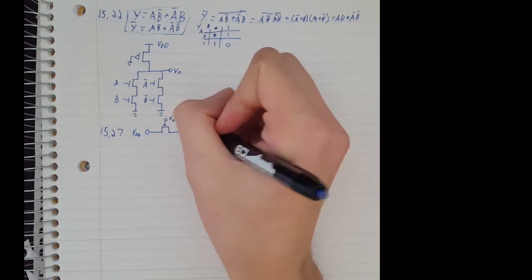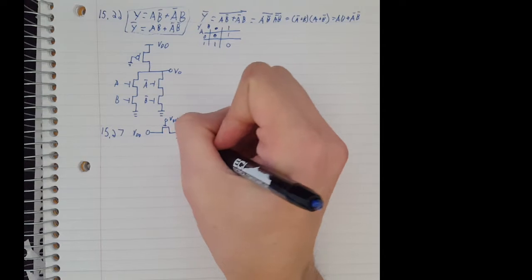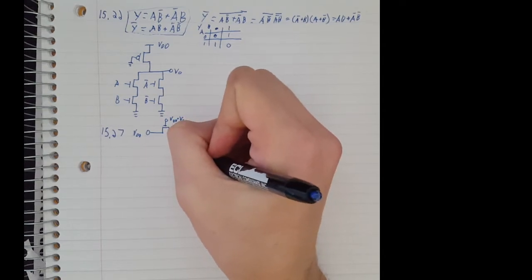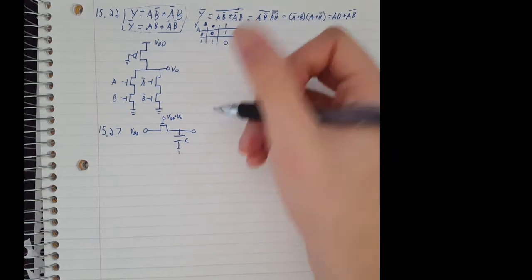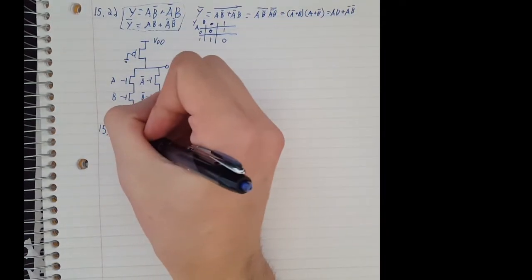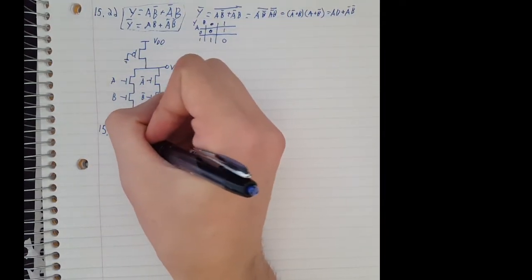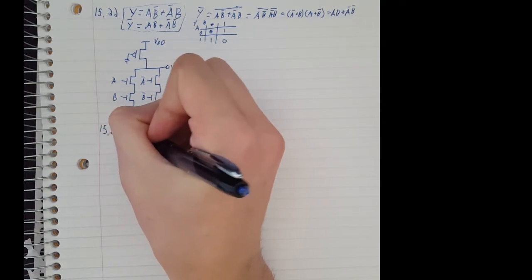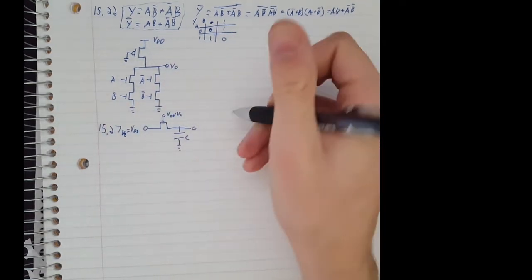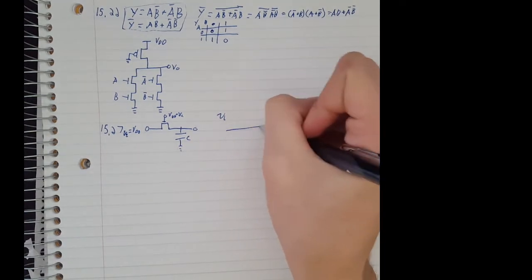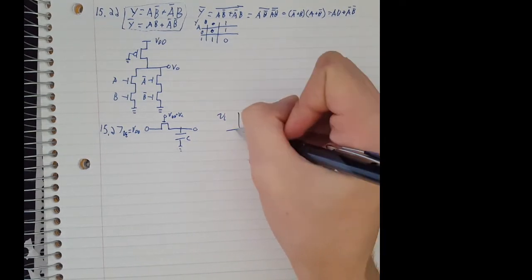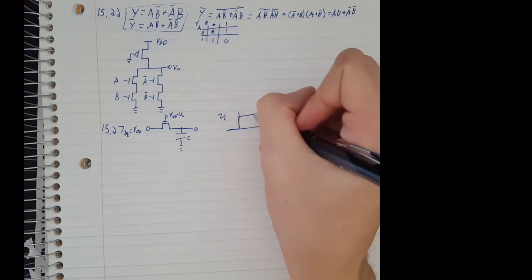Well, this is VC. And then it has an input, VI. This is time. VI 0, and then it's VDD.